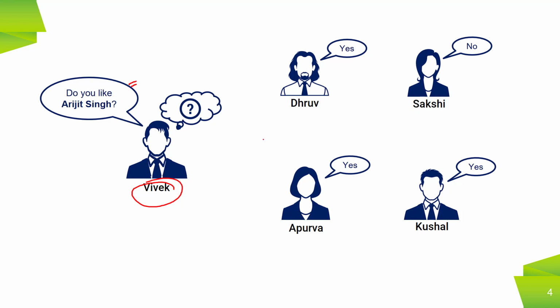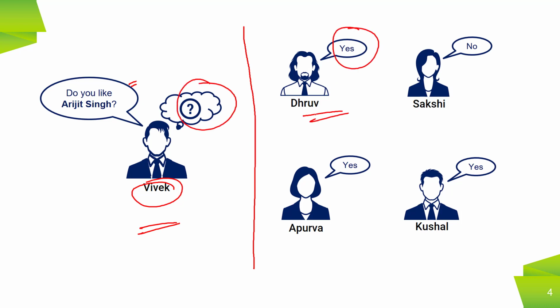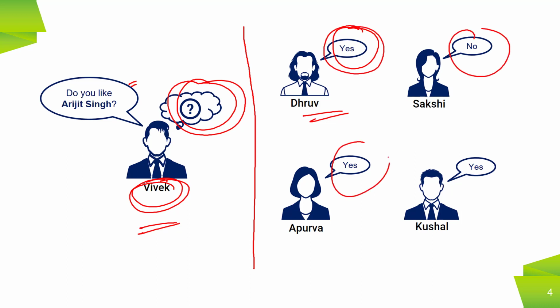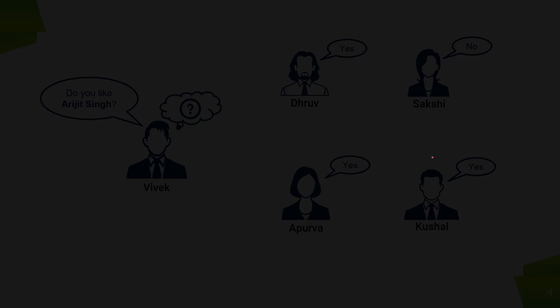Now the process of collecting data clearly divides two types of people: one which has a question in mind, one which has an answer in mind, right? In this example, Vivek has a certain question in his mind, right? And Dhruv, Sakshi, Apurva and Kusal, all of them have an answer for that particular question, right?